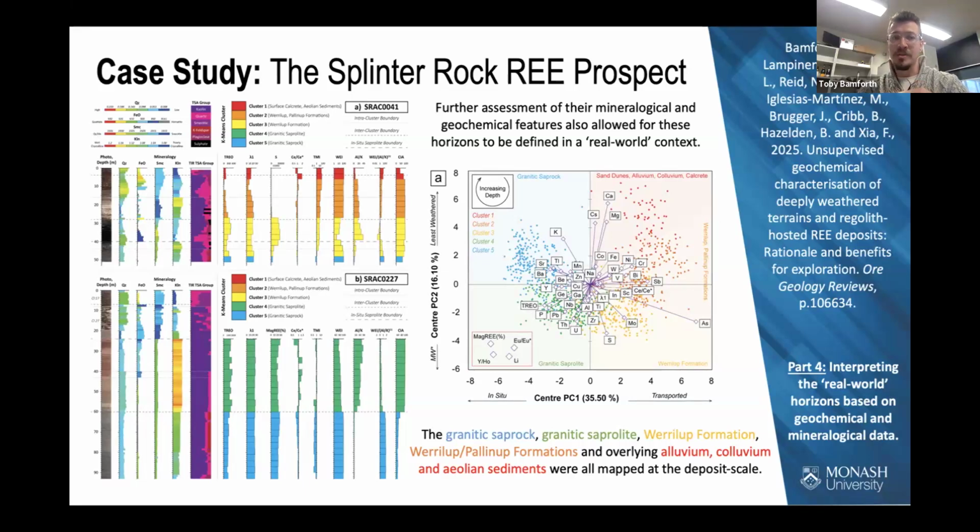So you expect some degree of geochemical variation. It's just how strongly that comes through sometimes, and whether you've applied the method in a way that can actually extract that information. And in this case, it worked quite nicely. So that was a big benefit, I think.